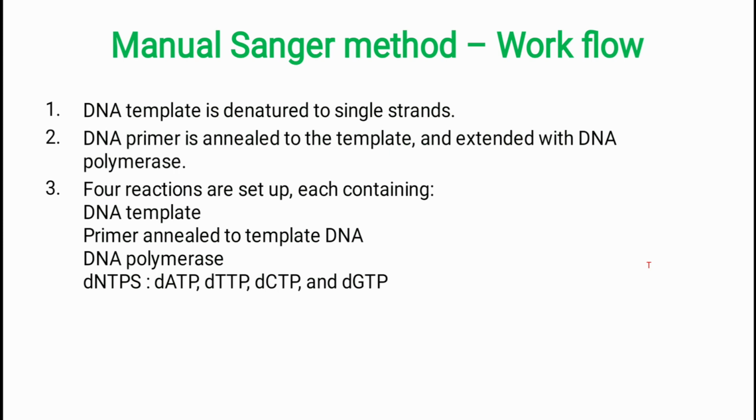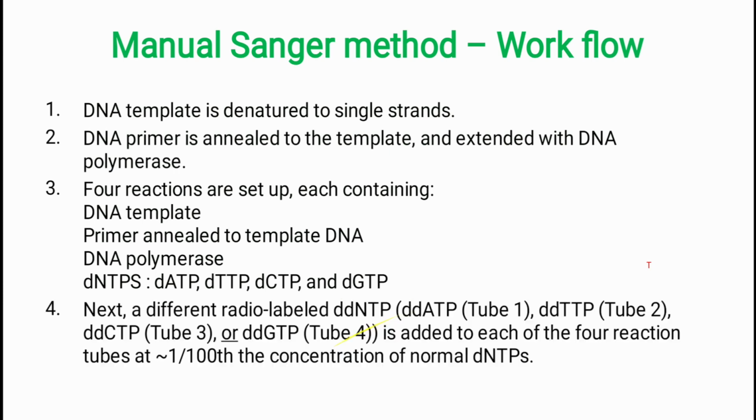And here we set 4 kinds of reactions. Each set contains DNA template, primers, DNA polymerase, and normal dNTPs containing dATP, dTTP, dCTP, and dGTP. In addition, we add a different ratio of labeled ddNTP.